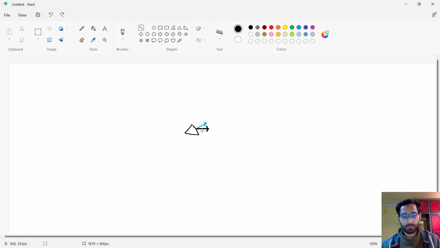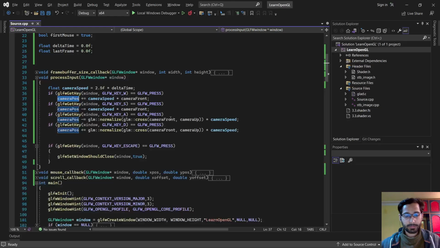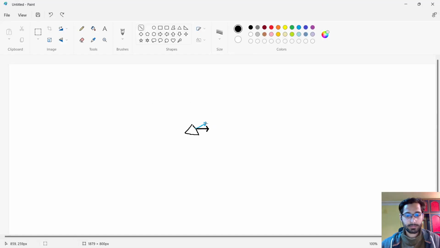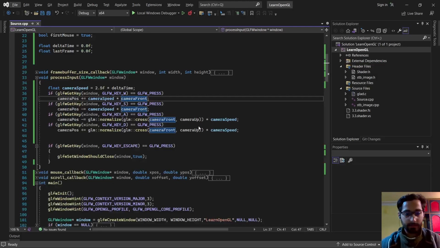What I guess I could do is I could take the forward front vector and just ignore the y-axis, and that will essentially flatten this vector, if it has two components. Essentially make it like this. Okay, let's try that out.